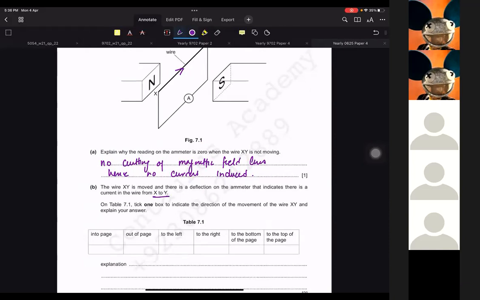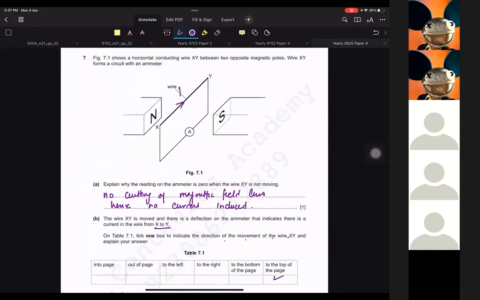So it says direction of movement of wire XY. So how do we move this? It's pretty simple, you've got to move it to the top like this. Why do you have to move it to the top of the page? Because if you move it like this... Sir, the thumb is the current, right? The thumb is the force.